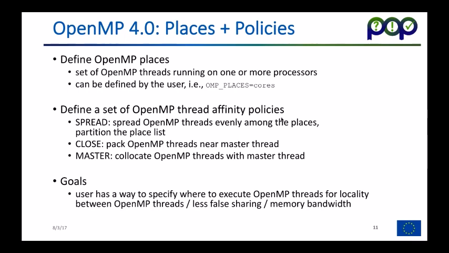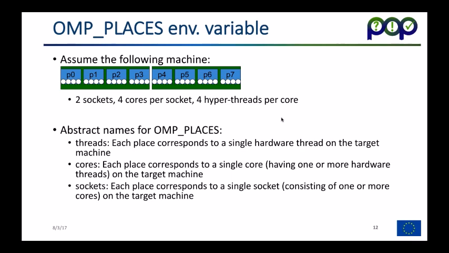One is called spread, which will evenly spread the OpenMP threads among the places. We have close, which will pack the OpenMP threads closely together, but still on different places. And then we have the master policy, which will collocate all threads within the same place that the master thread is running on.